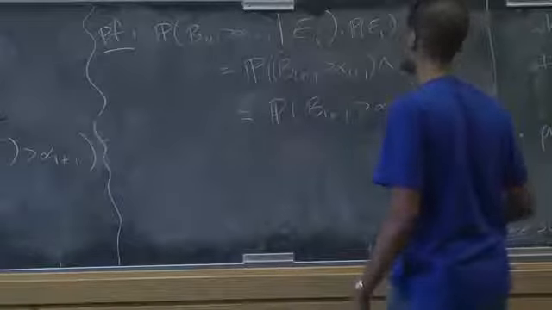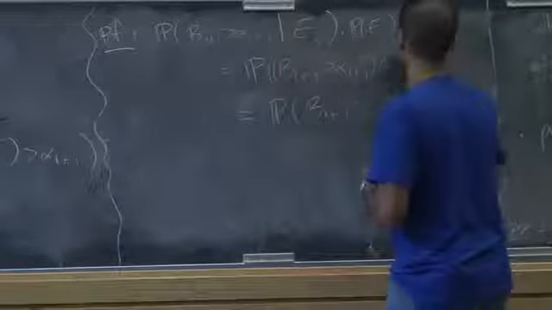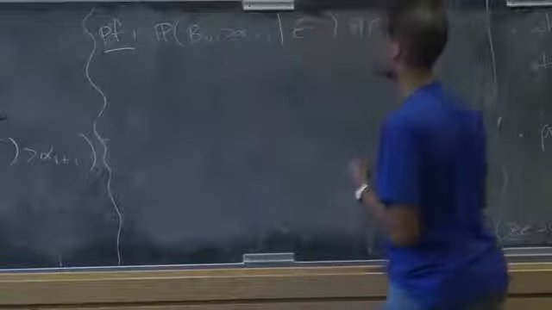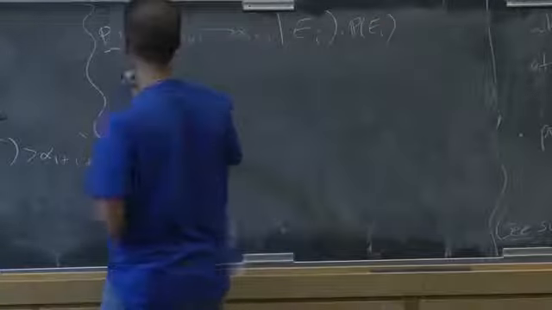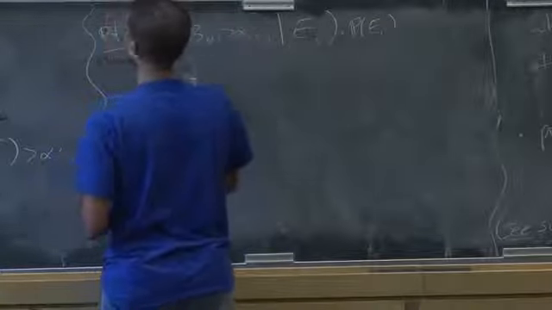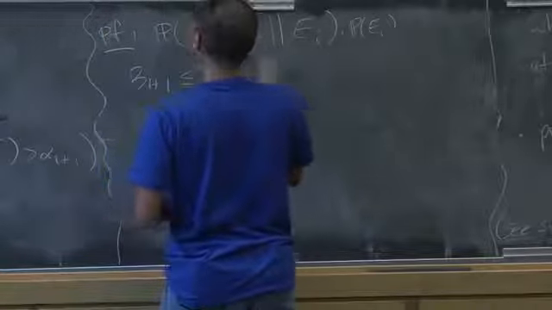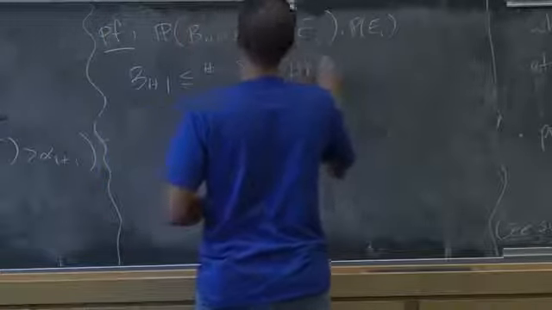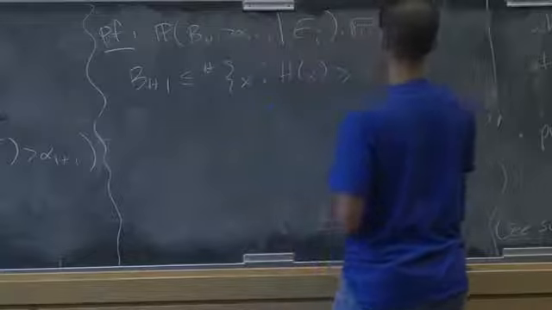Okay, so actually, this is not how I want to say it. What did we say before? We had that b_(i+1) is at most the number of x's such that h of x is bigger than or equal to i+1.